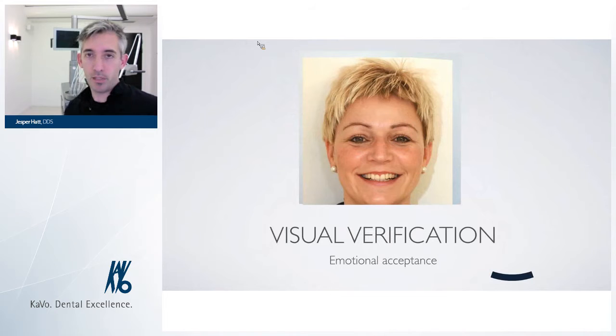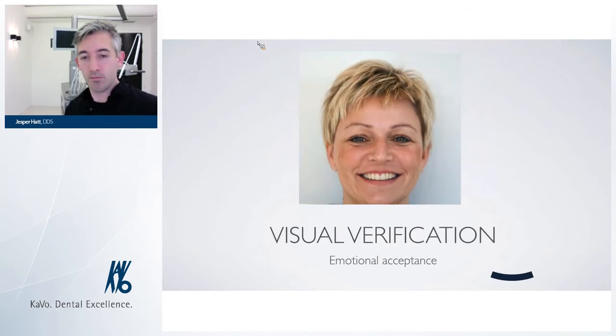And usually what the patient buys is not actually one crown or a bridge or an implant treatment. It's the facial appearance and the function. So we want to get in line with the patient and get this emotional acceptance. So we show the patient how it's possible to look after the treatment, or at least outline it for her.